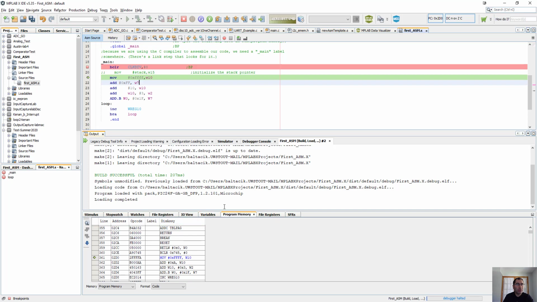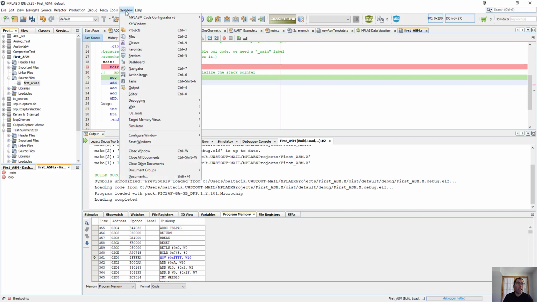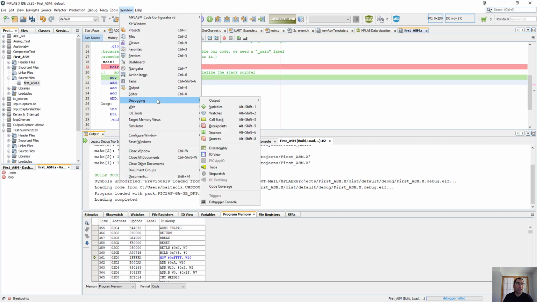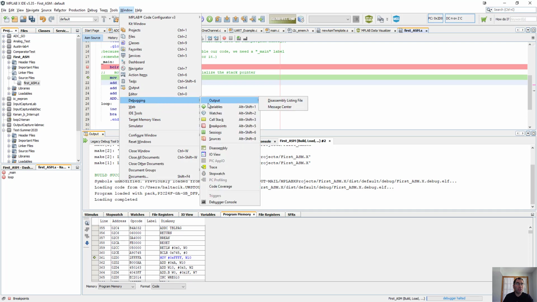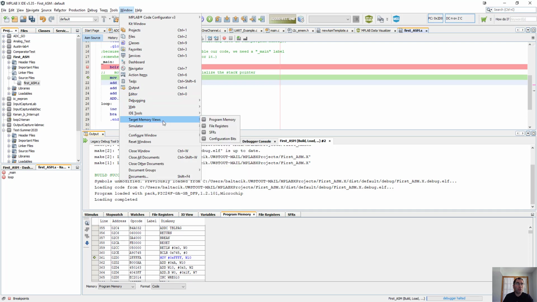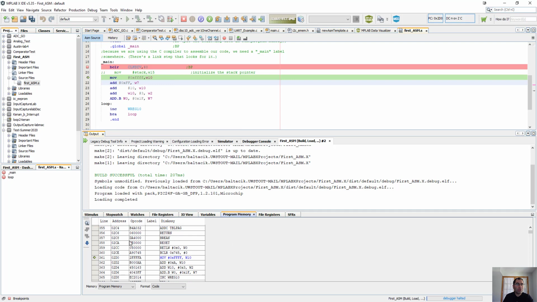We can view all the memory bits and special function registers, SFRs. If you go to Windows and debugging, you can watch certain variables, but you can also view just the program memory. So you can go to target memory views and select program memory, and then you will have this window.